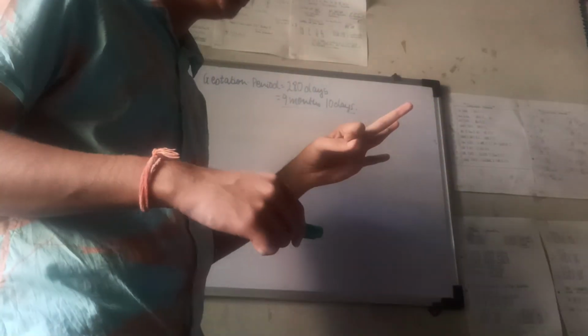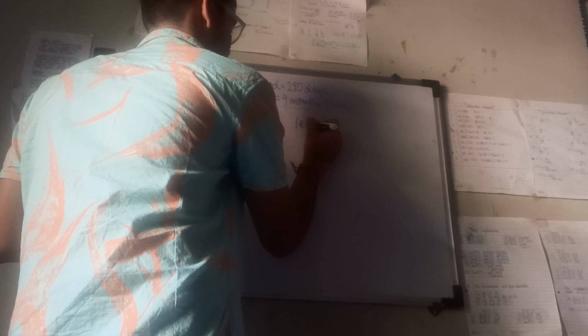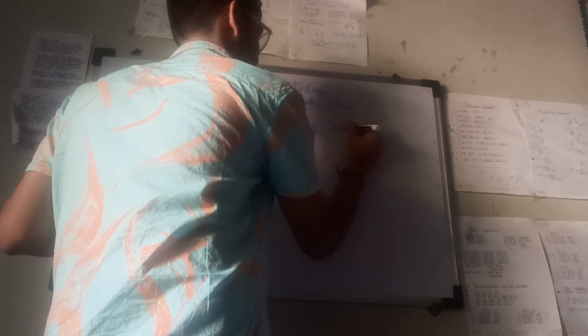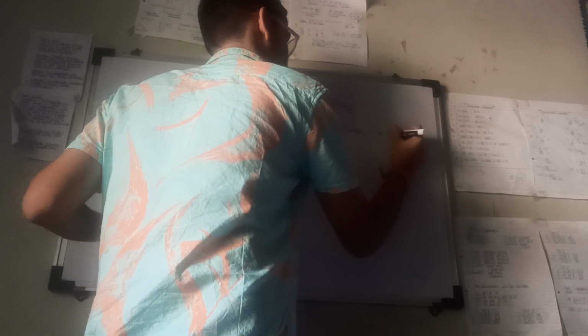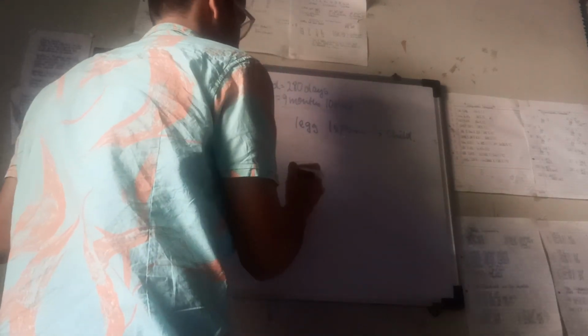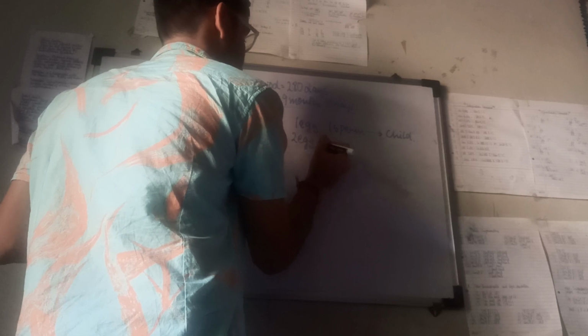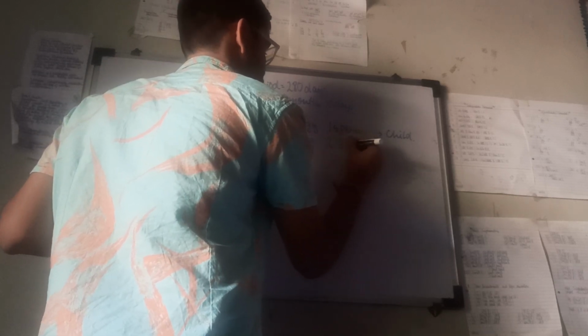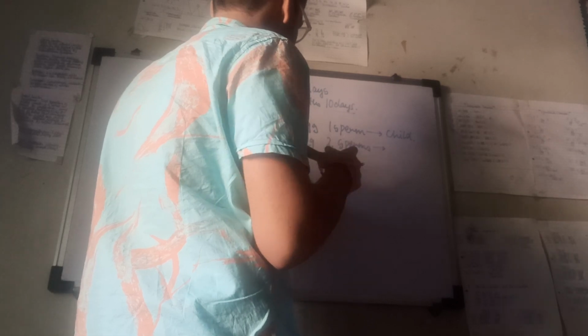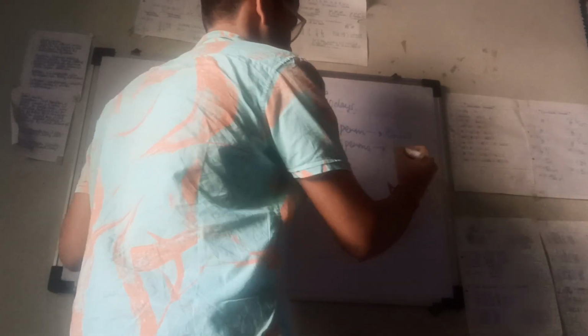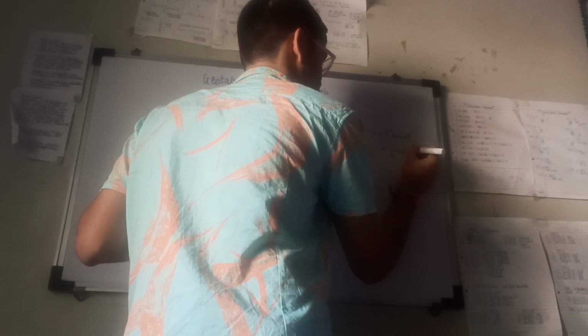And now I will discuss two, three cases, not cases, basics only. If one egg fuses with one sperm, then a child is born. If two eggs fuse with two sperms, then this condition gives birth to fraternal twins.